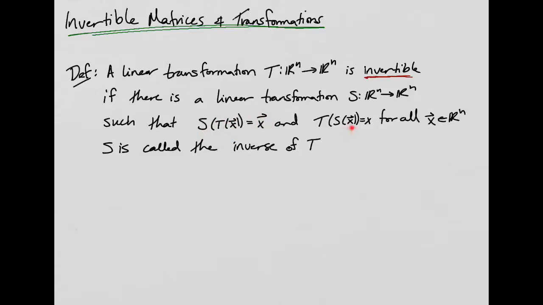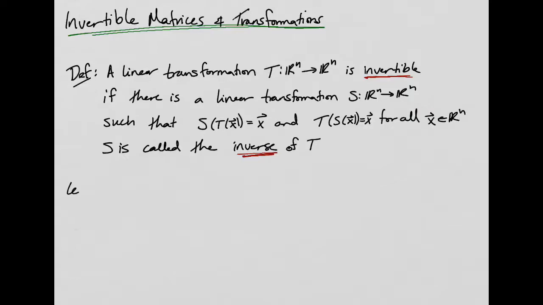And similarly, if I take a vector and plug it into S first, and then plug the result into T, I get the original vector back. And this is for every single vector in Rn. So if these conditions hold, then I say that S is an inverse of T, and we say that T is invertible.